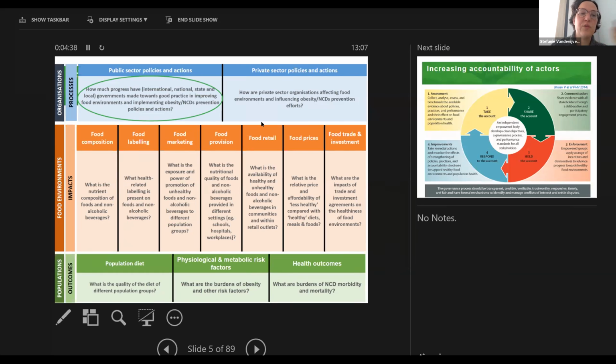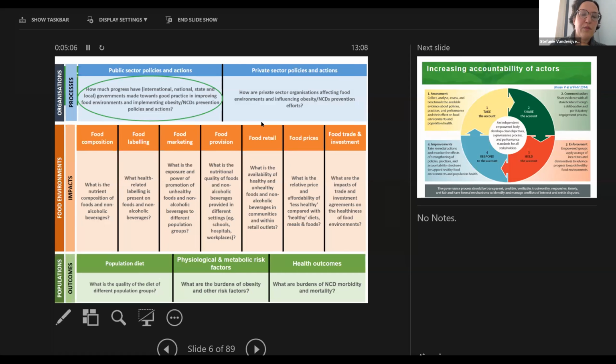But there is a whole series of modules that has been developed to monitor several aspects of food environments, and there are indicators and protocols for those as well. Several countries in Africa are already using some of those in their own projects, for example looking at marketing to children or the retail food environment and so on.